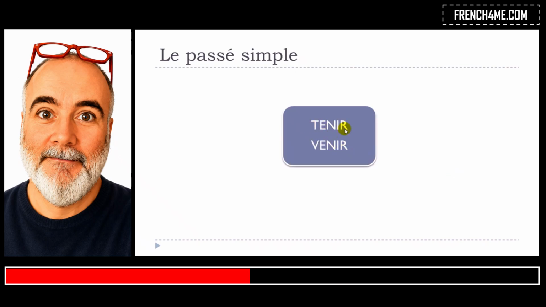And then verbs like tenir and venir, they are a bit tricky, so be careful. We're talking about these two verbs, but then of course all the composed verbs based on tenir and venir. Okay, so let's see now.